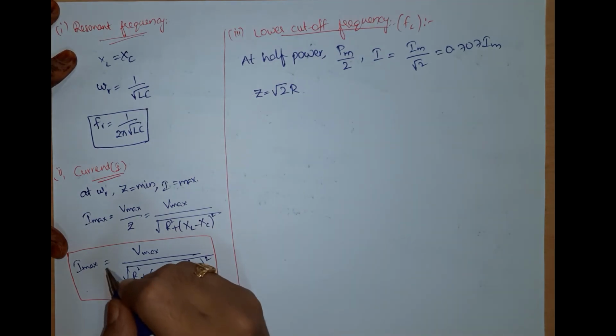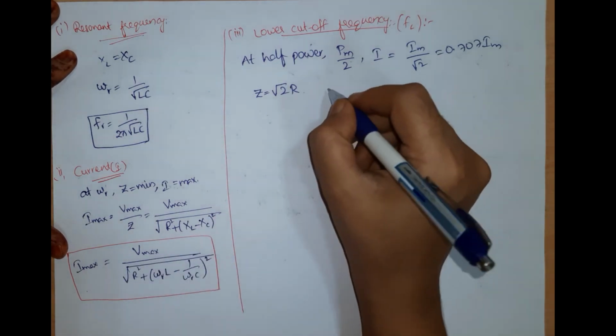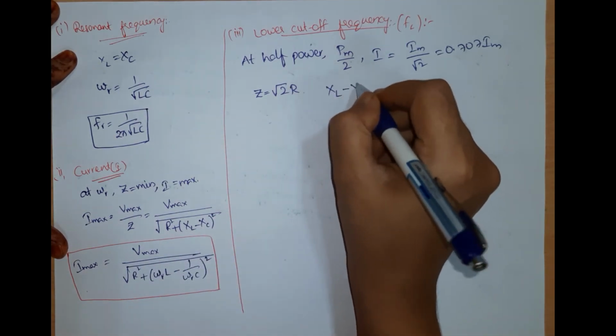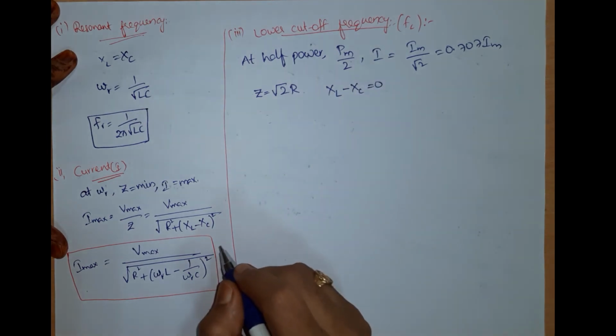How is it root 2 R? We know that at resonance XL minus XC is equal to 0.